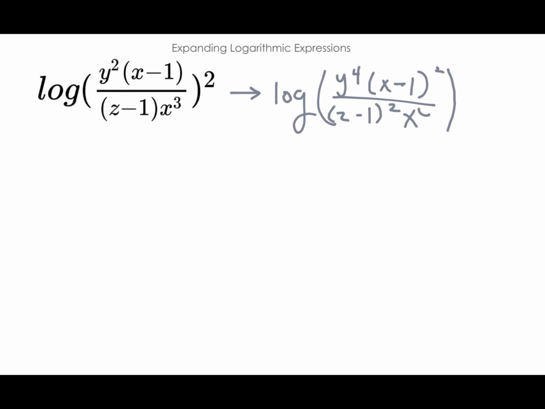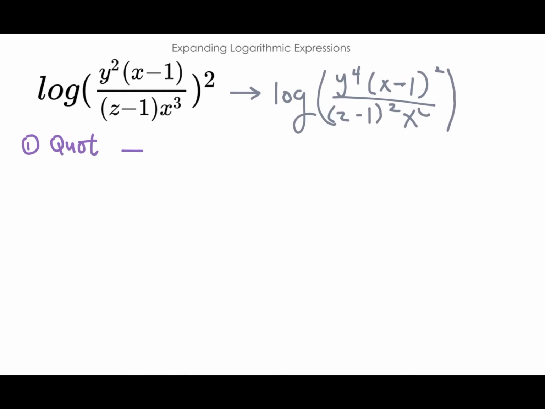And the first thing we've been doing and we'll continue to do is look at the quotient property. That's what we're going to start with here. So I scan my problem. Is there any division? Yes, there very clearly is. So I take the numerator, put it in one log, the denominator, put it in another log, and subtract them. That's how I expand out a fraction.